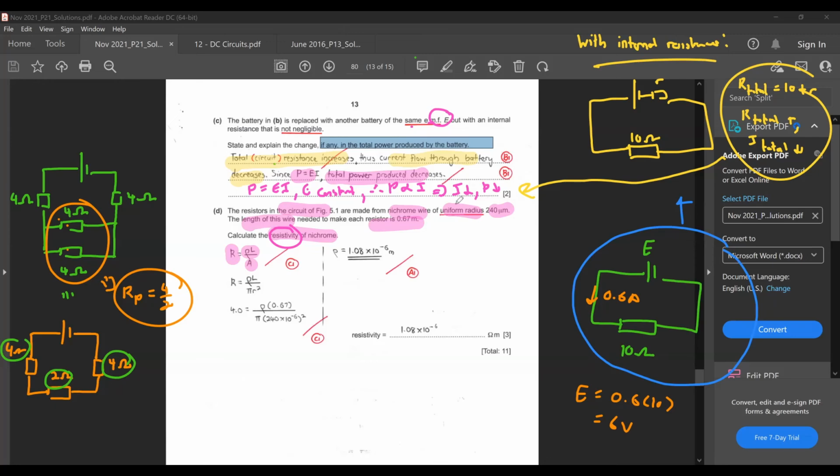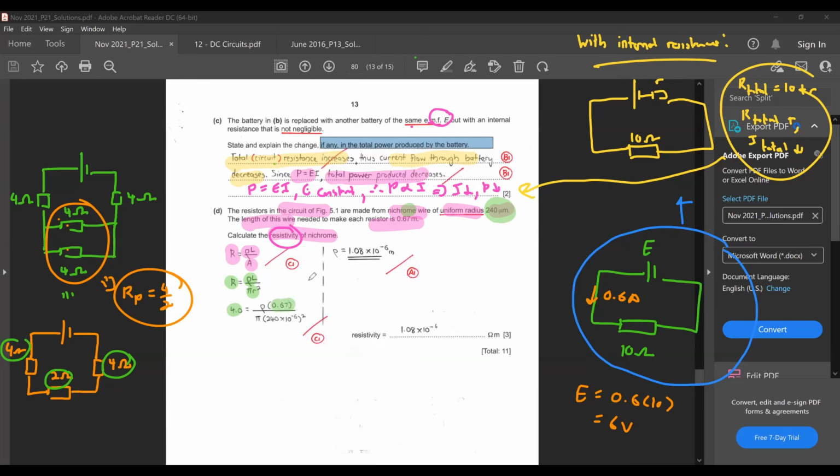Since they mention radius here, you just change your area in terms of radius, which is pi r square. So R equals rho L over pi r square. Sub in your values now. For the resistor which was made of the nichrome wire, it had a resistance of 4 ohms.